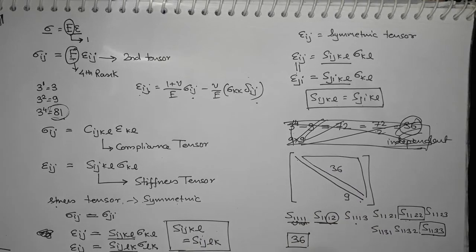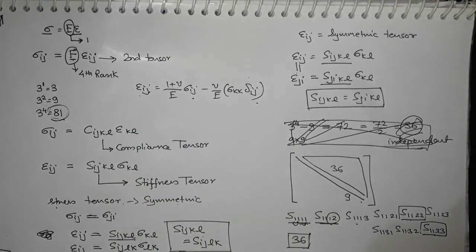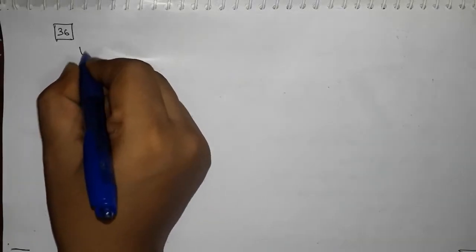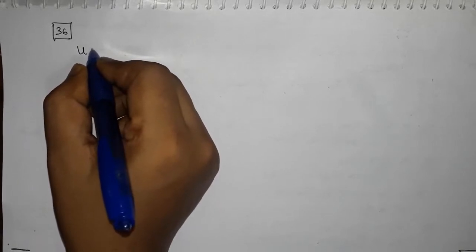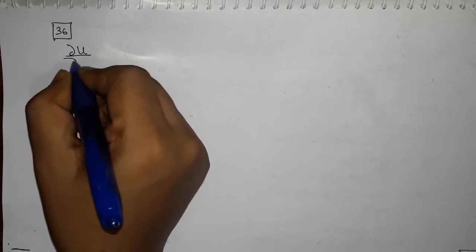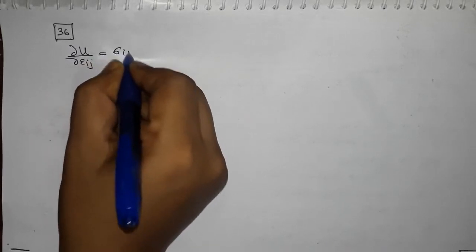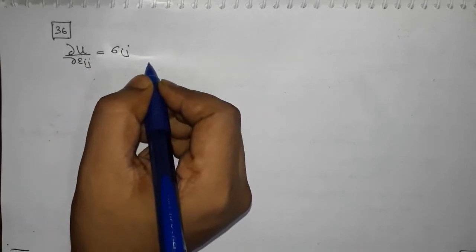Okay, but can we further reduce this, because we still don't have 36 independent components here. Okay, we dealt with strain energy density, which was U, right? And we know that when we take the derivative of this, we get stress, right?